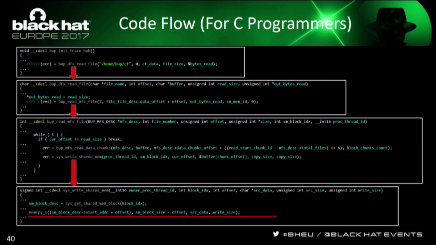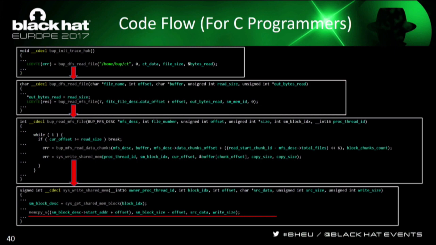This function actually parses internal flash file system metadata and stores data of files into the destination. We can see that to do this, the function calls another function from the system library, sys write shared memory.